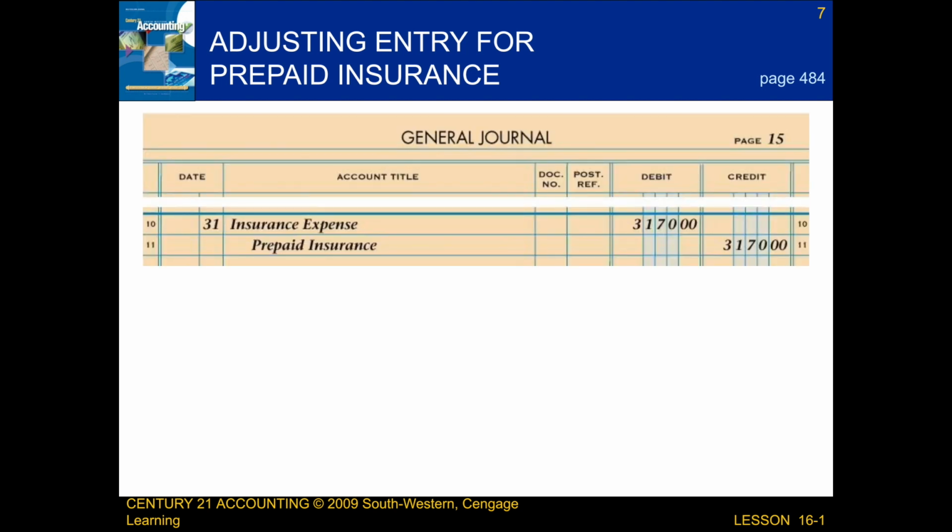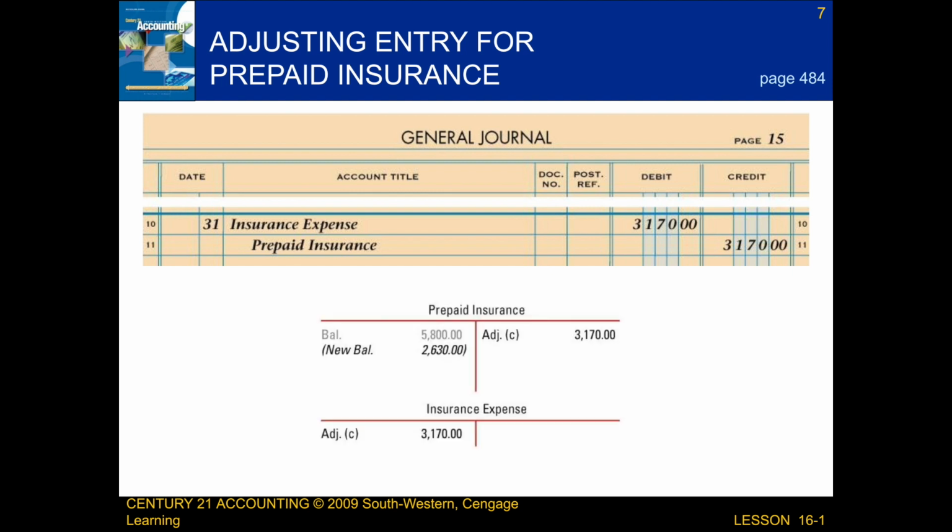All right, next we're going to be talking about the adjusting entry for prepaid insurance. So the adjusting entry for prepaid insurance is as follows. We debit insurance expense, and we credit prepaid insurance.